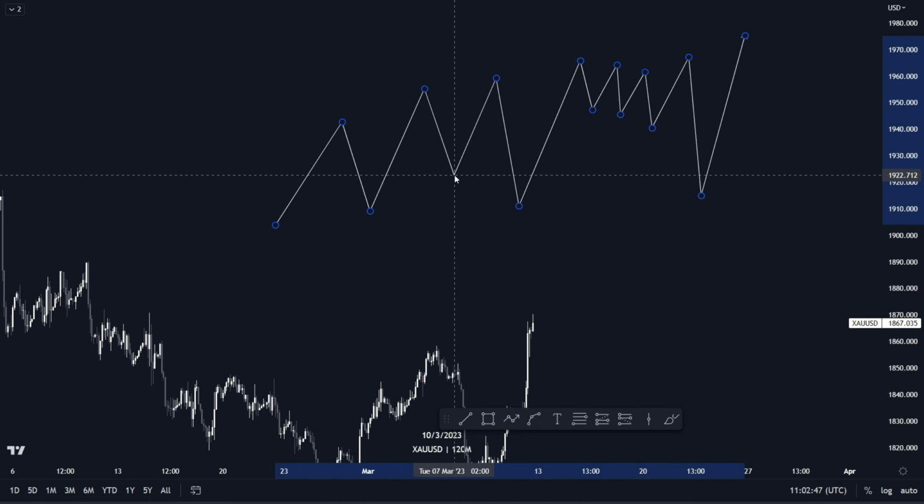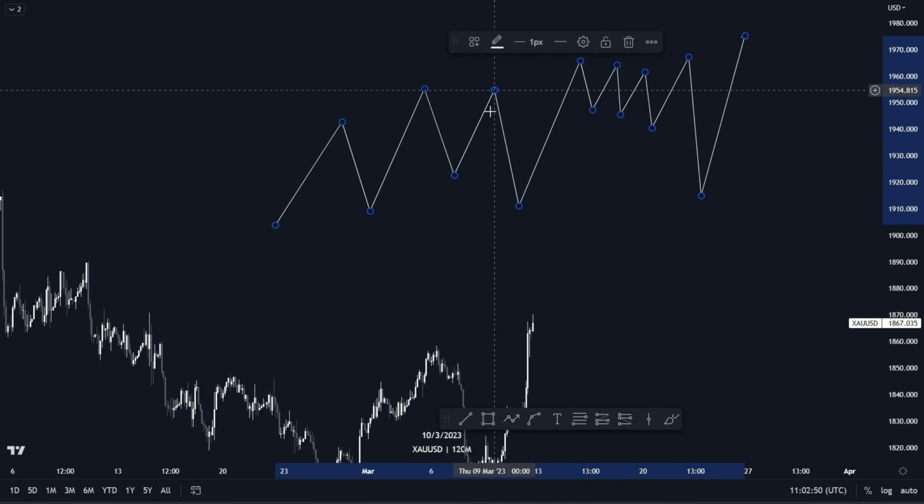So as you can see here, we have the majority of the liquidity concepts. The first one is the high. Above this high here, there is liquidity. Why is there liquidity?